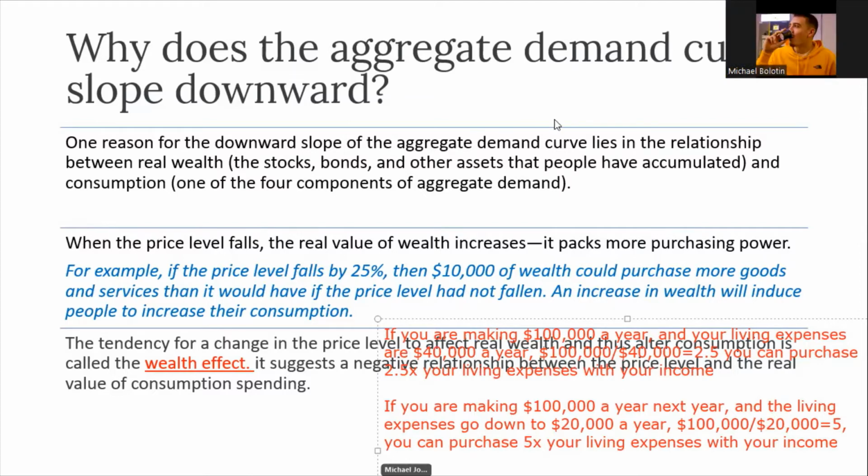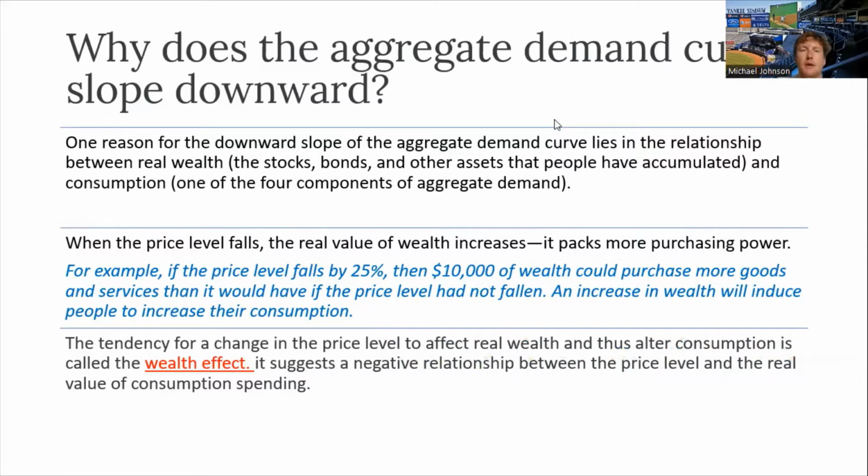Okay, thank you. So why does aggregate demand slope downward? The downward slope of the aggregate demand curve shows that when the price level falls, the real value of wealth increases.